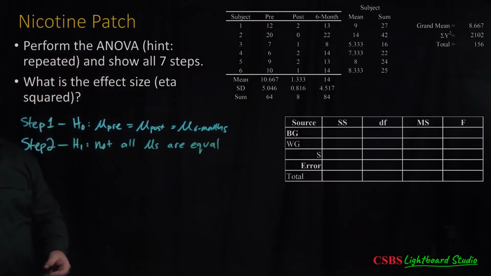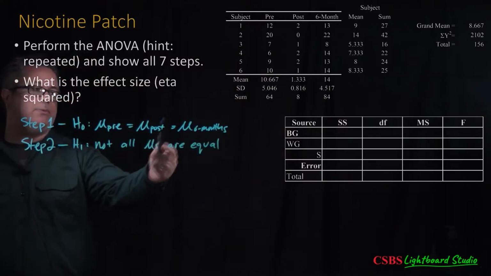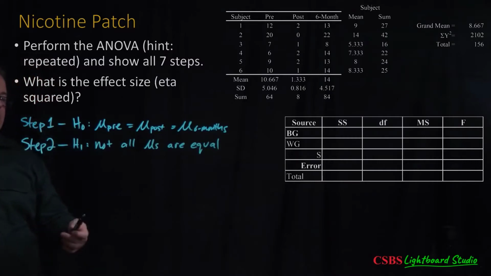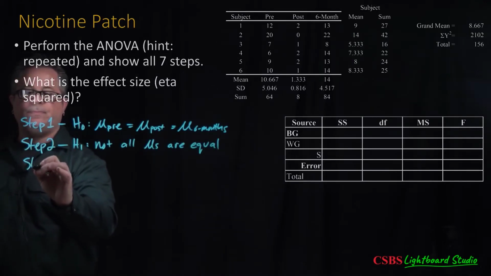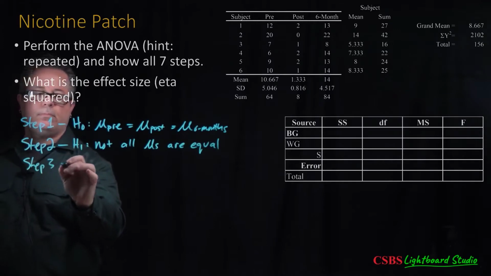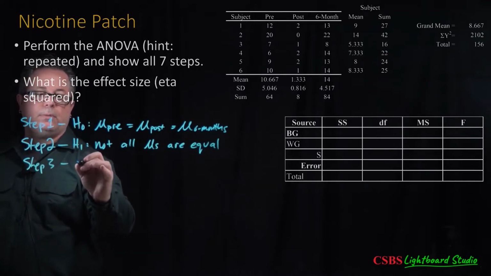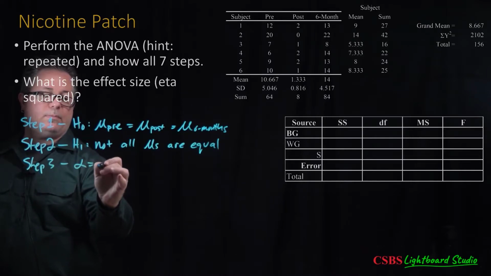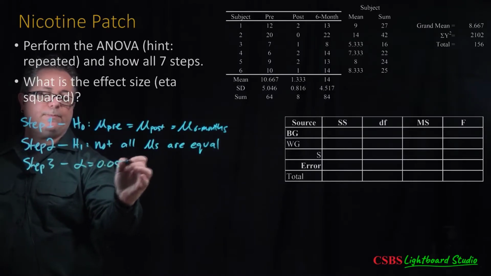We don't necessarily need to say that pre is not equal to post, not equal to 6 months, because two of them could be equal and then one of them is different, and that would actually be fine to satisfy step 2. Step 3. Again, it didn't say anything about alpha, so we're going to assume alpha equals 0.05.